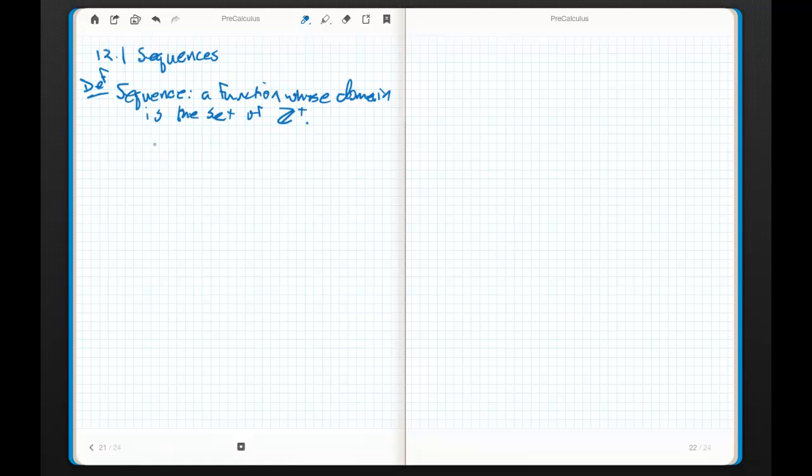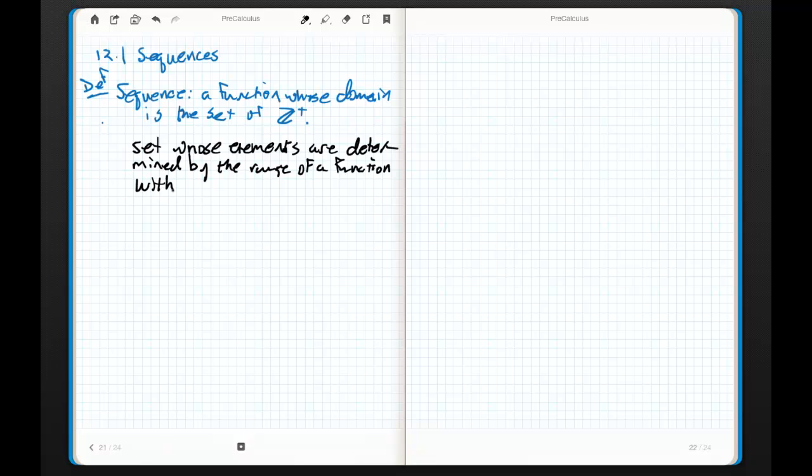But what a sequence is, let's rewrite this in black. What a sequence is, it's a set. It's not a function. It's a set, whose elements are determined by the range of a function with domain of positive integers.